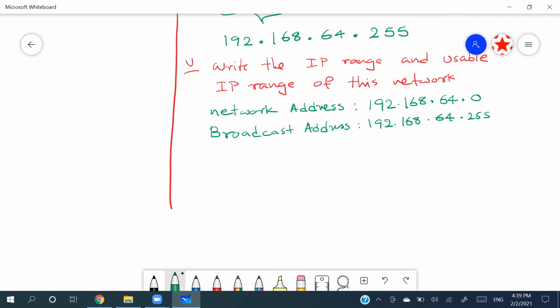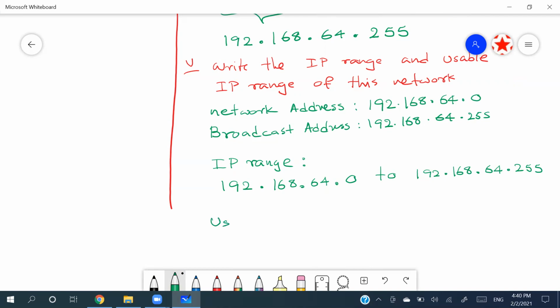Right. So I'm writing first the IP range: 192.168.64.0 to 192.168.64.255, which are the same addresses. IP range again is from network address to broadcast address.